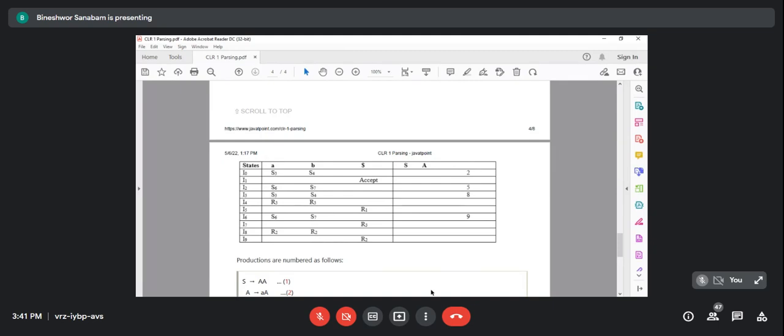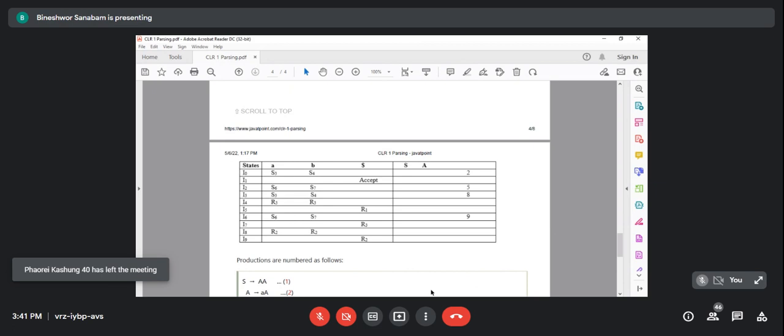LALR1 parsing refers to look ahead LR parsing, so it is going to combine all those states where we have the same LR0 items but different look ahead.